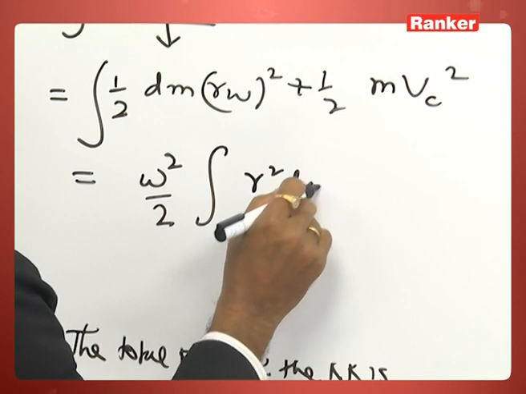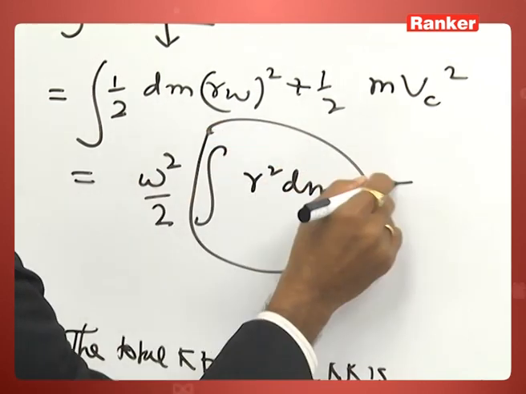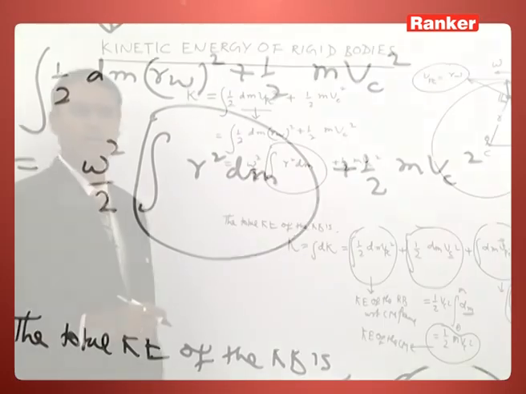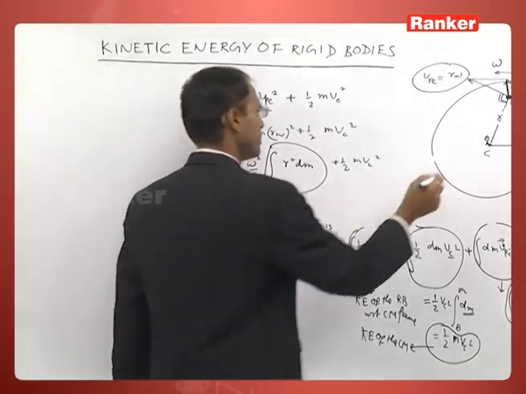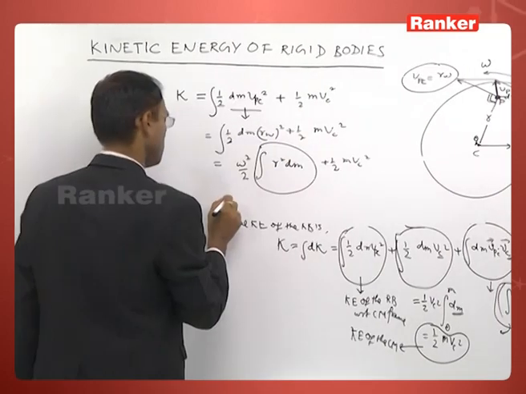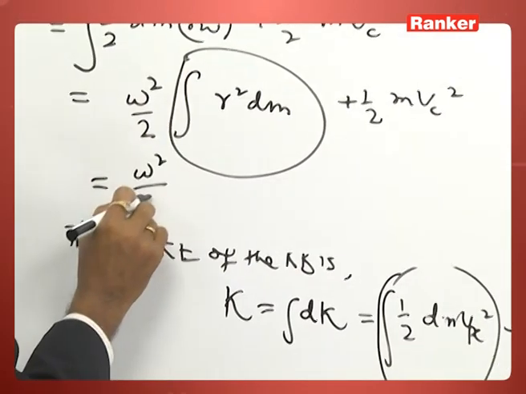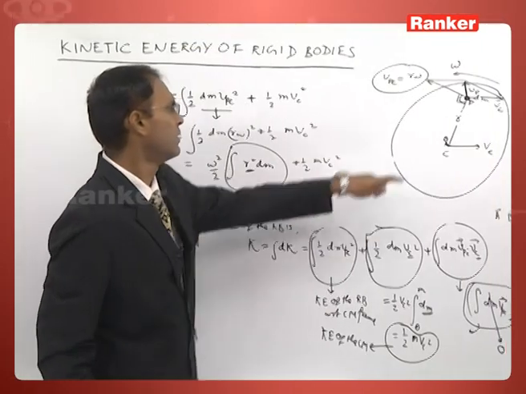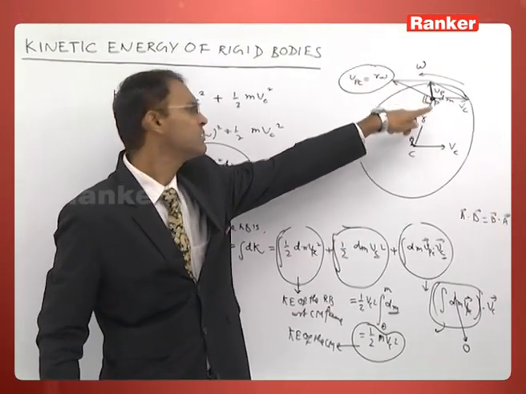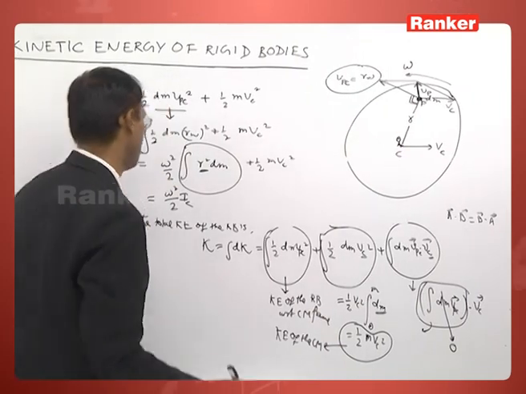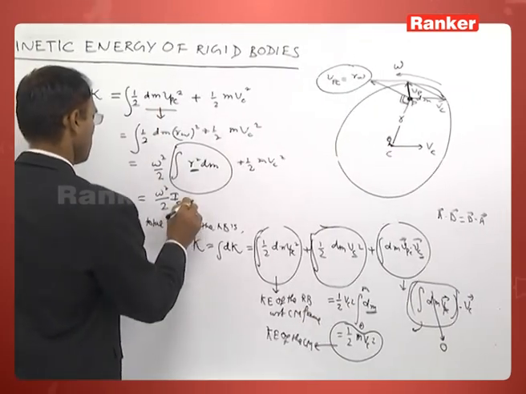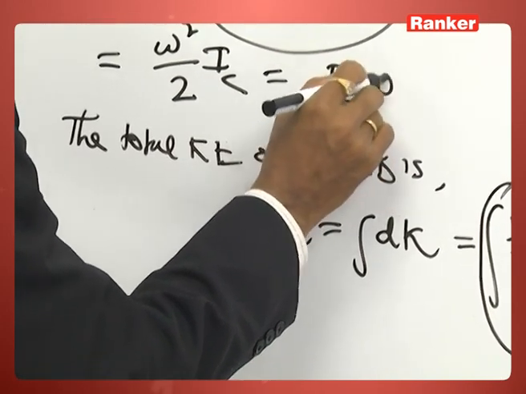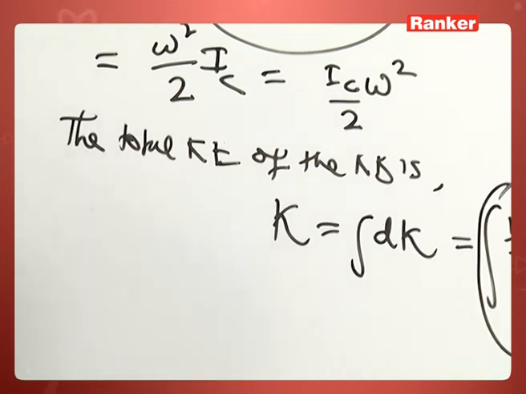The remaining integral of r square dm is known as the moment of inertia of the rigid body about the center of mass, because r is the position of the elements with respect to the center of mass. So we can write Ic omega square by 2.